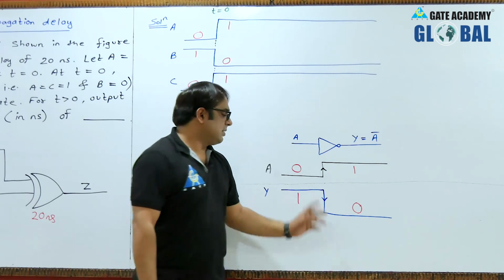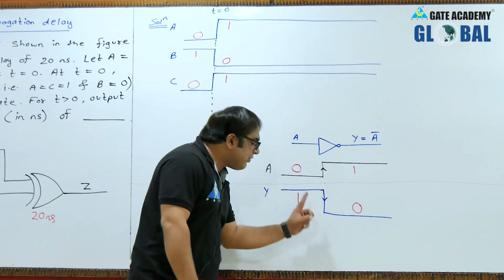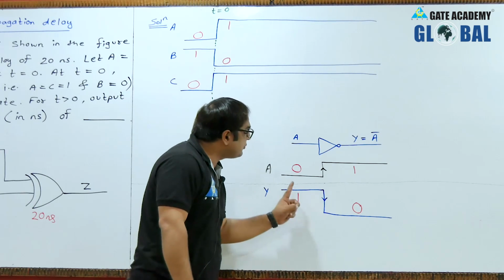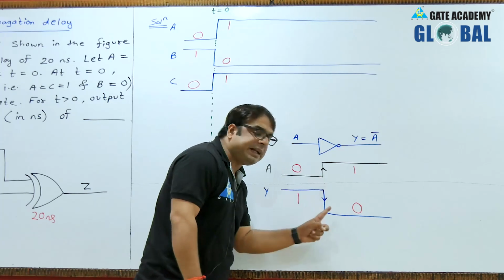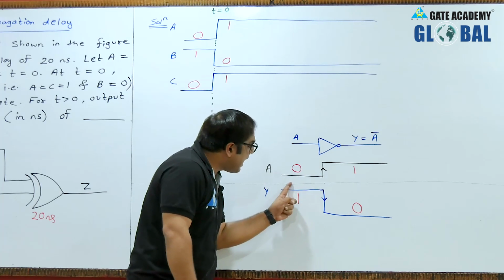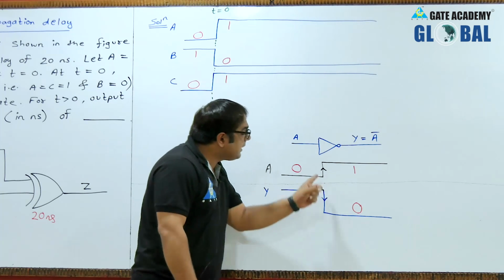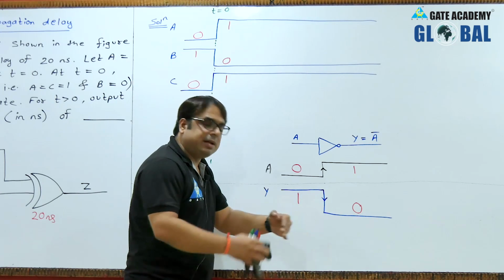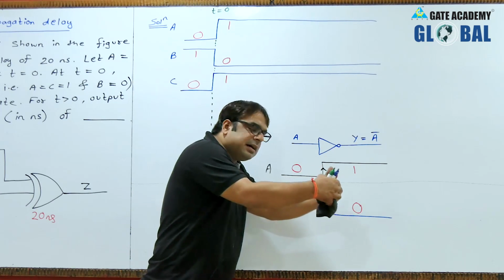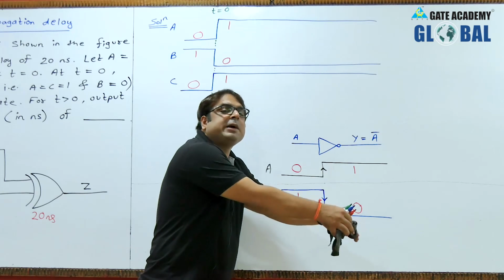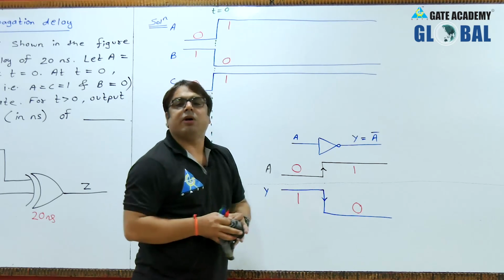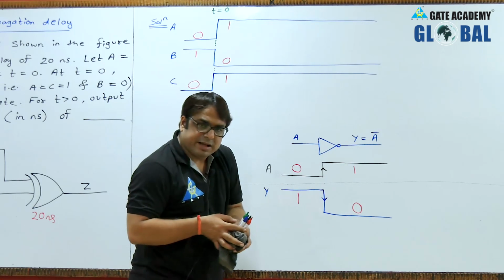It means output will definitely transition from logic high to logic low, but not at the same moment. It will take a transition after some time, and that particular time is called its propagation delay.